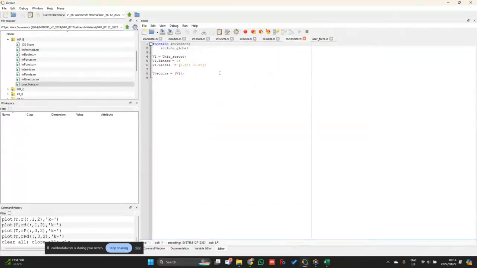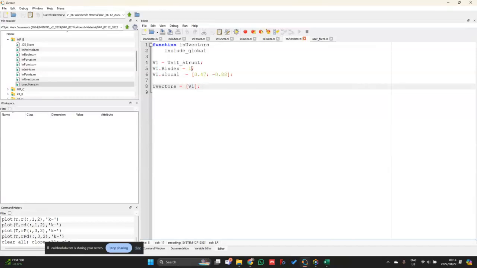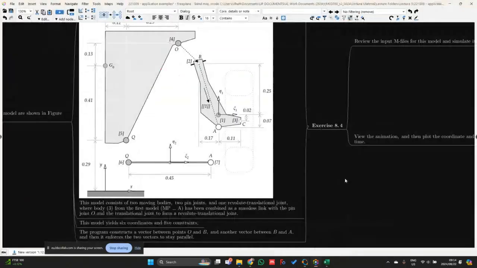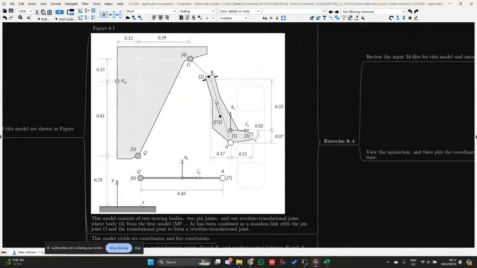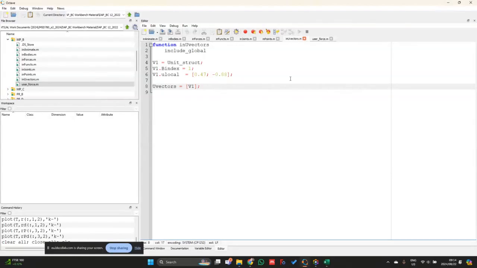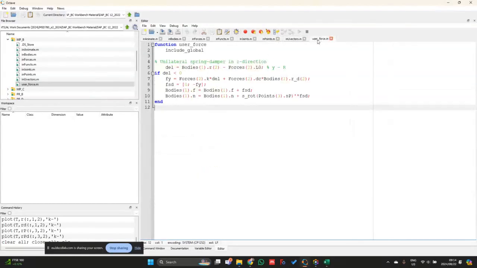If I go to in U vectors, you'll see I'm still specifying it on body 1, and it's still going to be that unit vector that we specified previously. Since I'm now working with one less body, I just have to specify the remaining unit vector on the remaining body. Okay, right, so once I have that in, I think that more or less wraps up everything that we wanted to look at for the MATLAB input files.